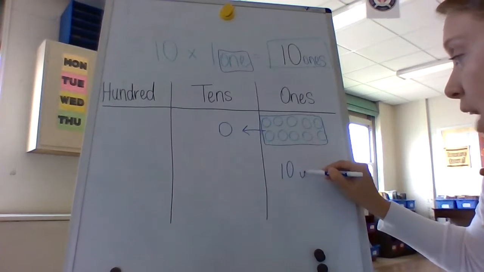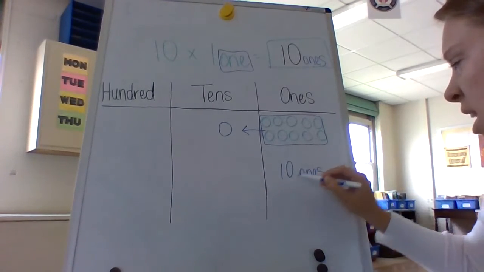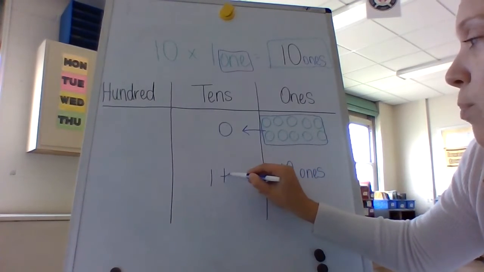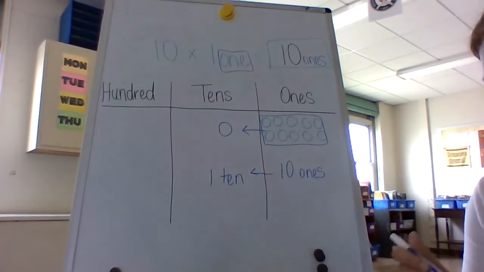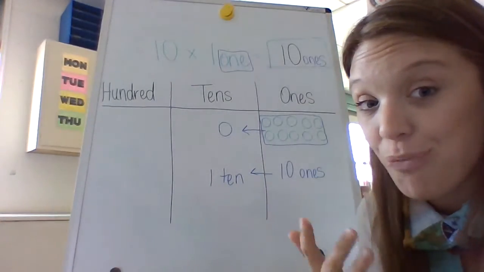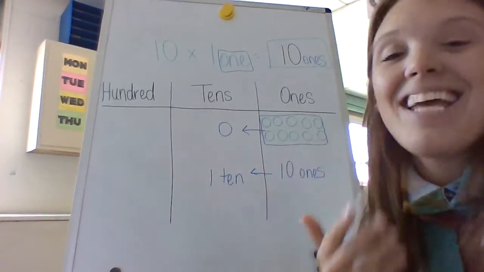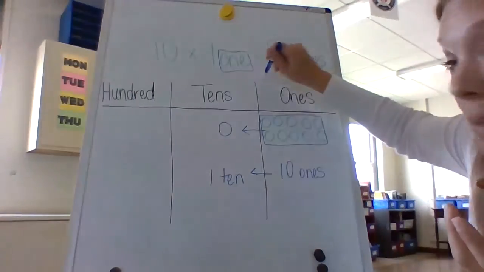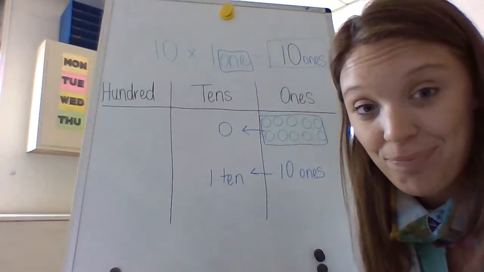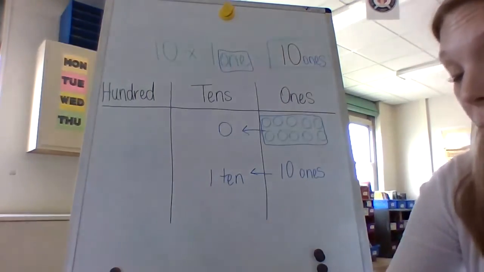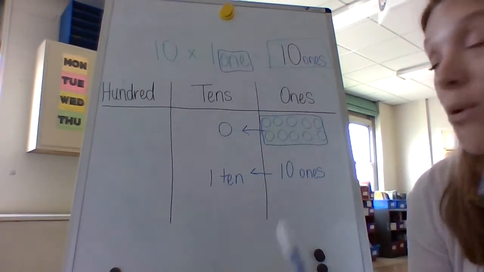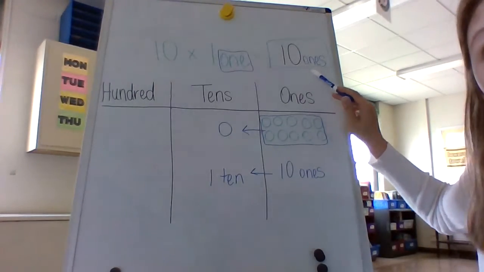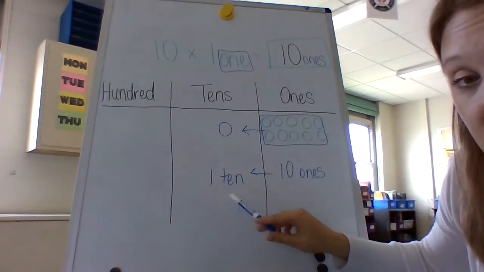See how this is 10 ones? And it's the same thing as saying one group of 10. It's a comparison using a multiplication equation. Okay? So our answer for this problem on our homework is 10 ones or 1 ten. They're the same thing.